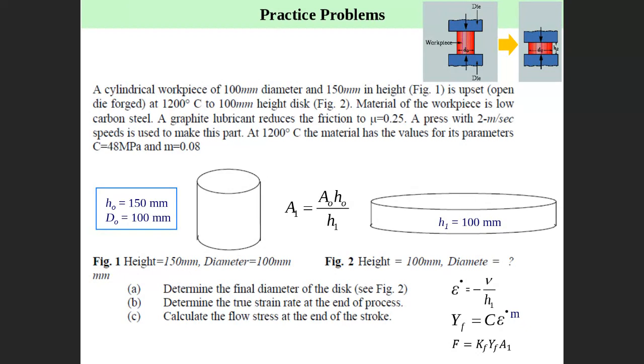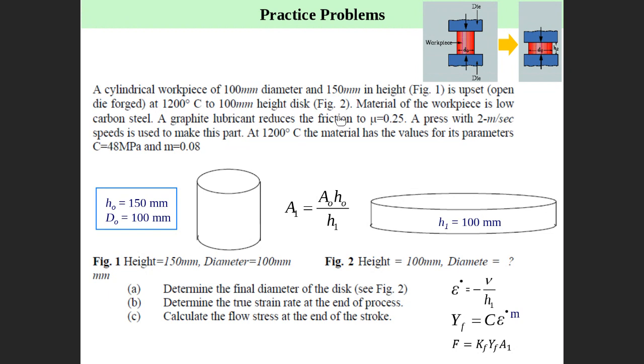This is hot working, please give me your attention. At 1200 degrees Celsius, the final height is 100. You start with 150, the final is 100. This is the hot working at 1200.